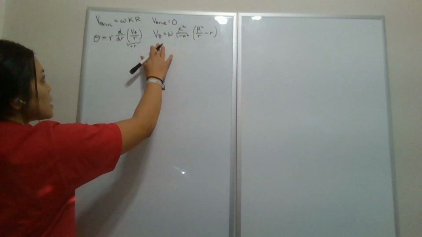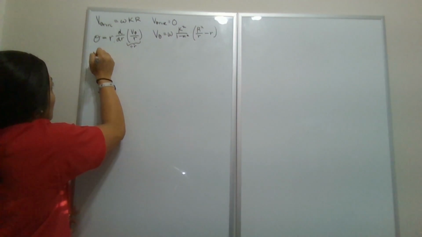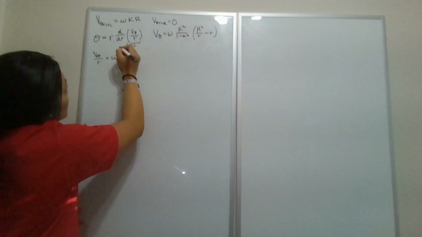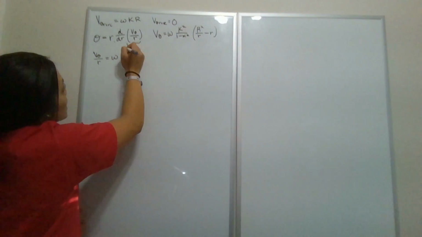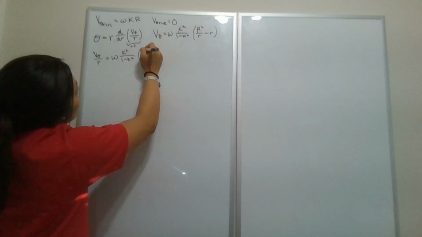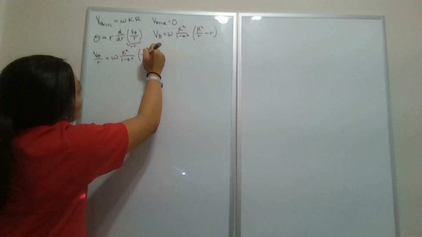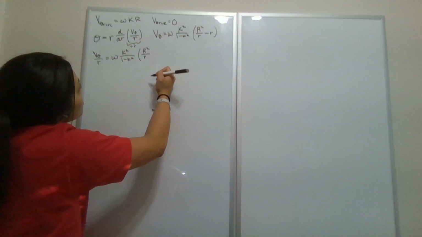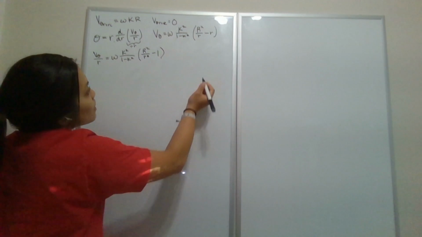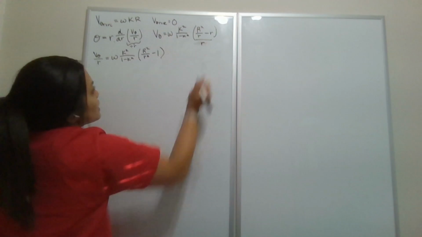So if we start there and we divide both sides of this velocity profile by the radius, we have the velocity divided by the radius is equivalent to the angular frequency times the proportion between inner and outer radii squared divided by 1 minus the proportion squared times the quantity of the outer radius squared divided by the radius squared minus 1. And where we get that from is dividing this quantity by not 2, but the radius.